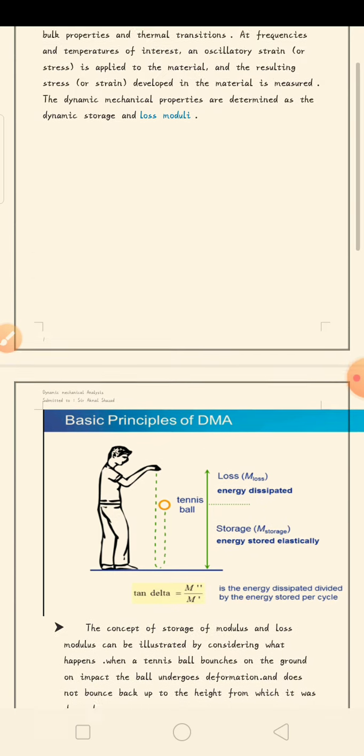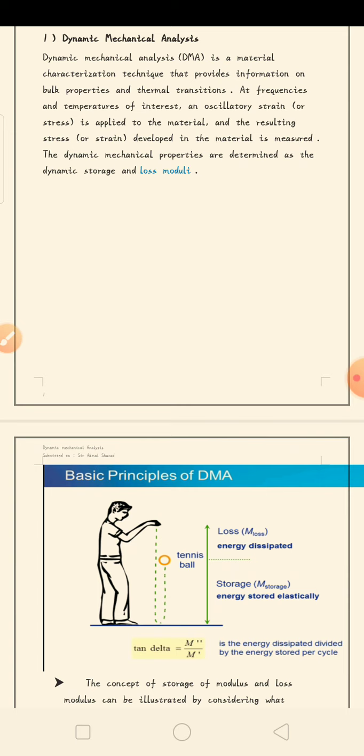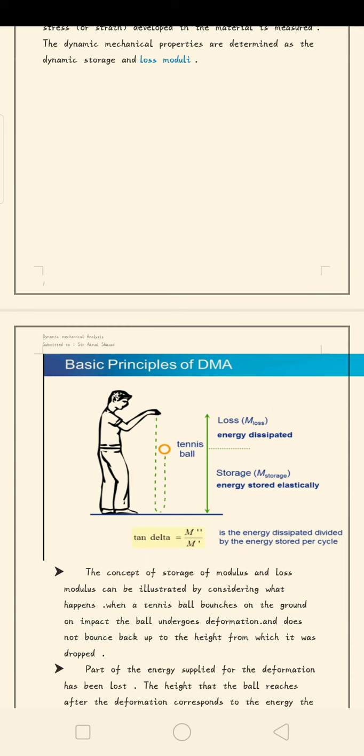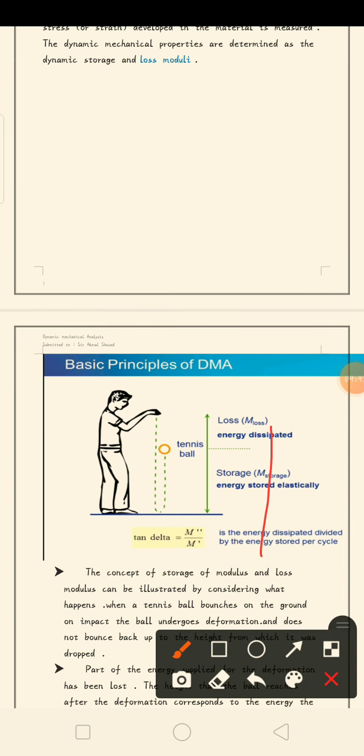Now we will discuss the basic definitions and principles of dynamic mechanical analysis. The dynamic mechanical properties are determined as the dynamic storage and loss modulus. The concept of storage modulus and loss modulus can be illustrated by considering what happens when a tennis ball bounces on the ground.